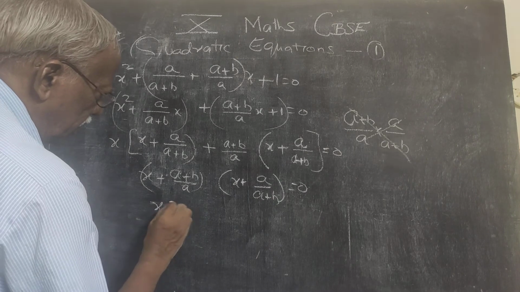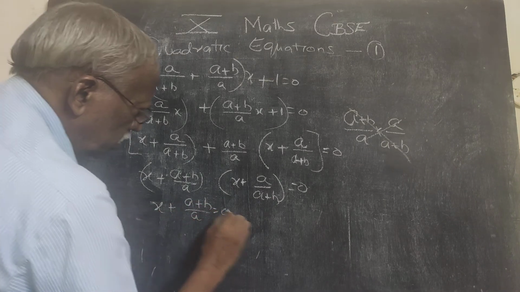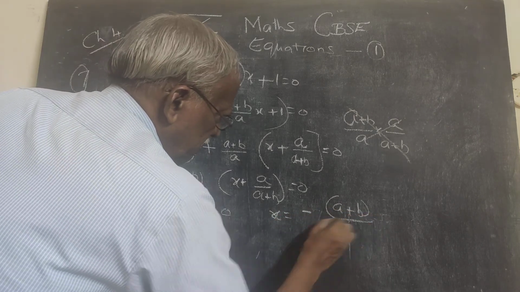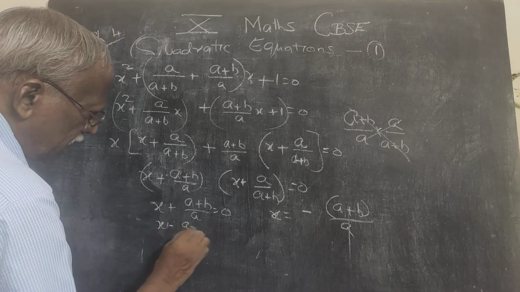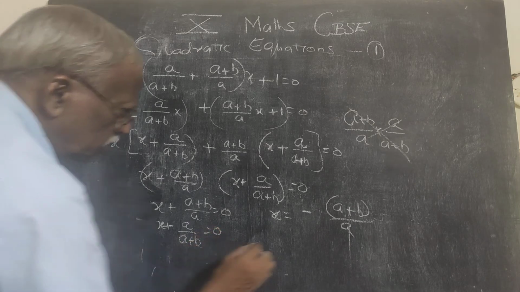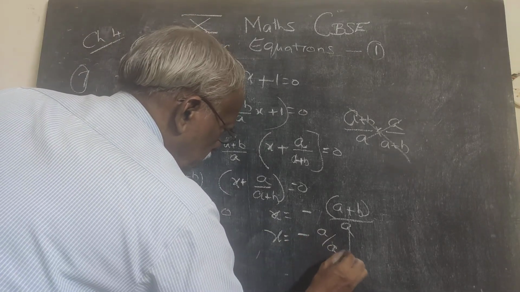Therefore if you are taking this part, x plus a plus b by a equal to 0, x equal to minus of a plus b by a. If you are taking this factor, x plus a by a plus b equal to 0, then x will become minus of a by a plus b.